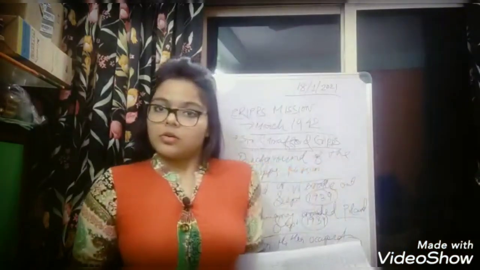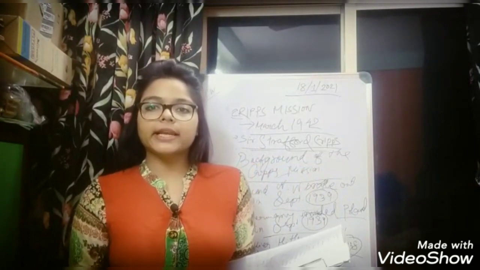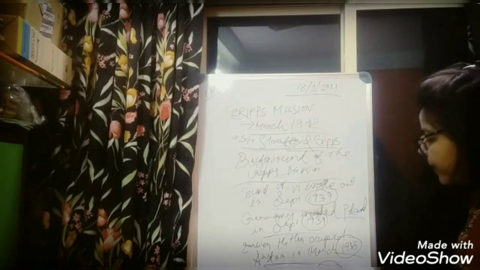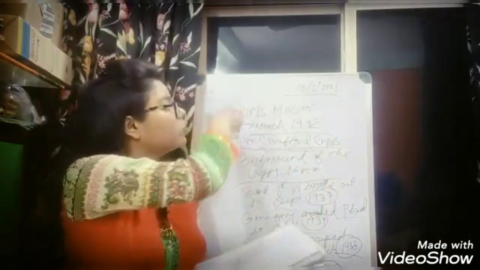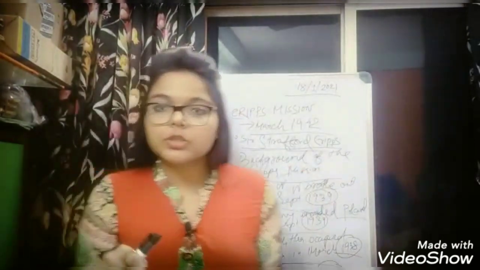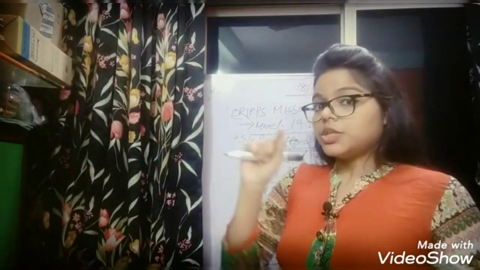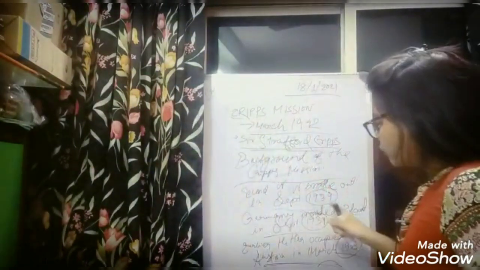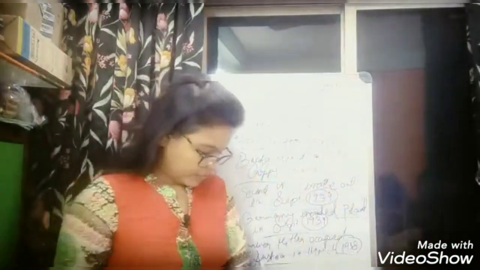Now, what was the problem with the Indian government? The government of India joined this Second World War without consulting the National Congress. Mind it, the government of India joined the war without consulting the National Congress.